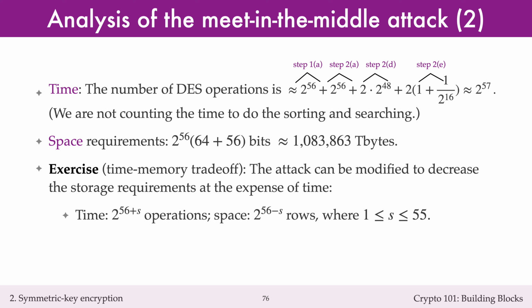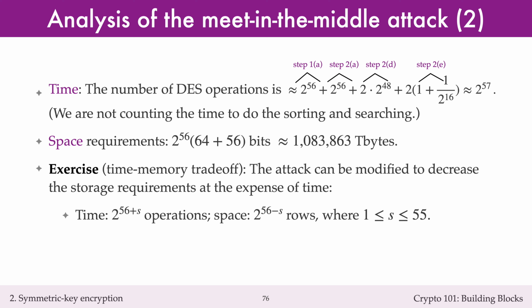For any parameter s between 1 and 55, one can decrease the storage by a factor of 2 to the s, while increasing the running time by a factor of 2 to the s. For example, by taking s to be 10, one can decrease the storage requirements to only 1,000 terabytes, while increasing the running time to only 2 to the 66, which is still a feasible amount of work.